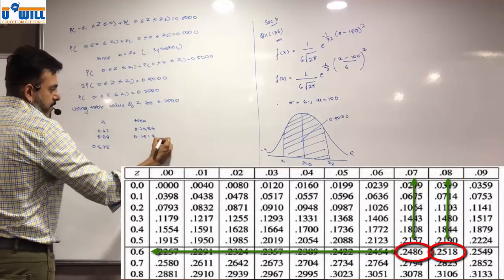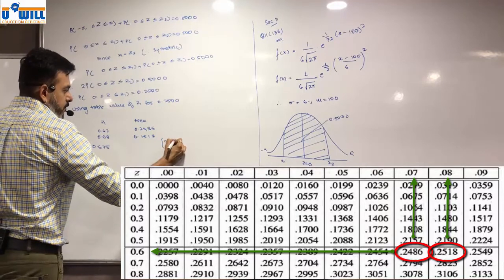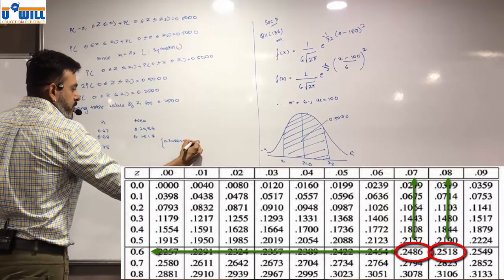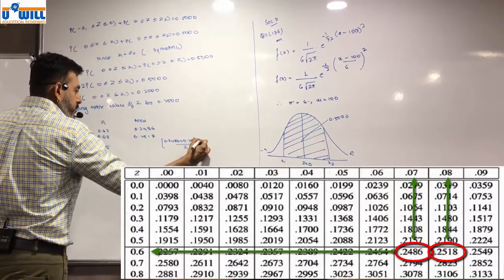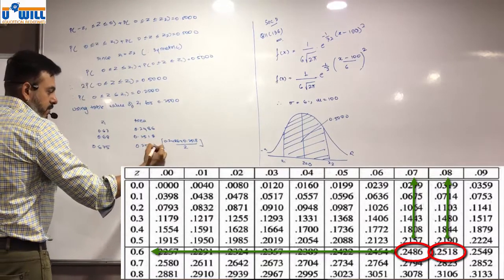What's the average of this? 0.2486 plus 0.2518 divided by 2. 0.2502.